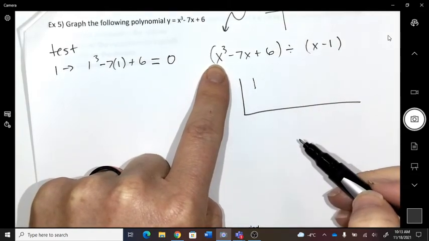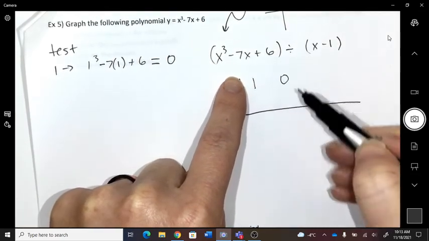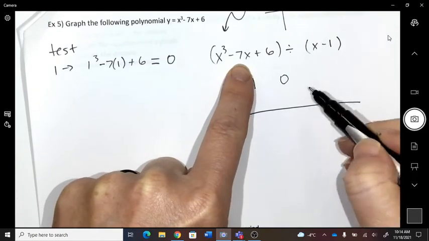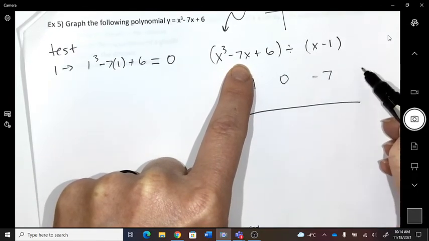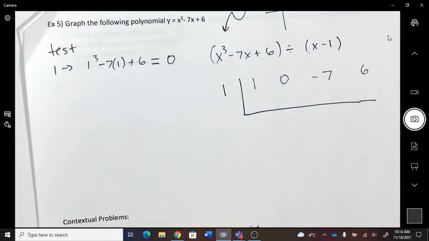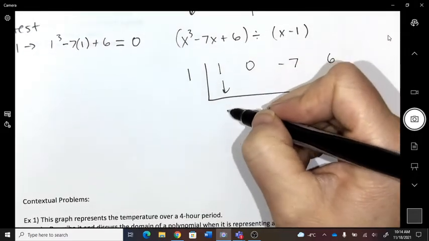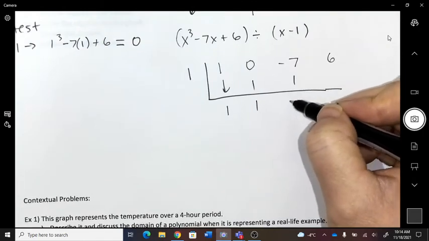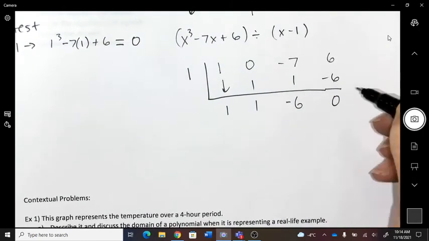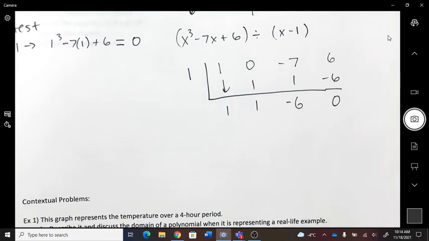So 1 cubed, 0 on the squareds, negative 7 for the x's, 6 for the number. Okay, go ahead. You do know that that number of a remainder is going to be 0 because you've already tested it out.